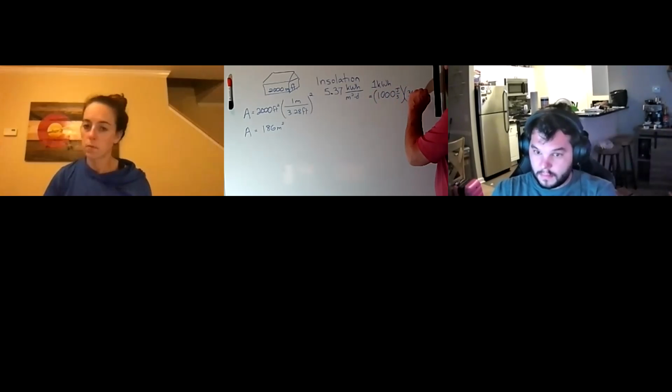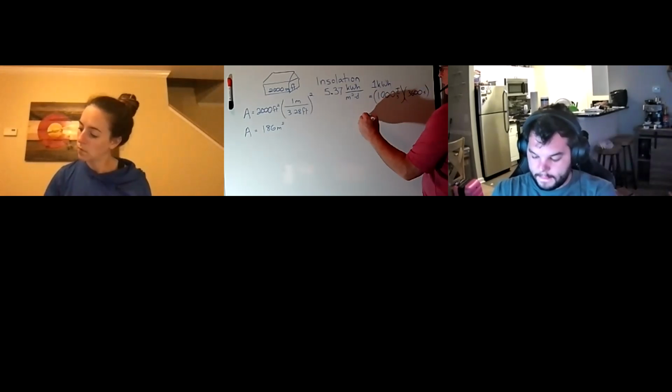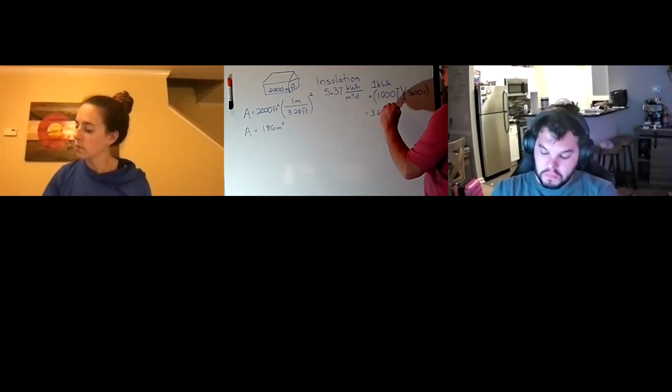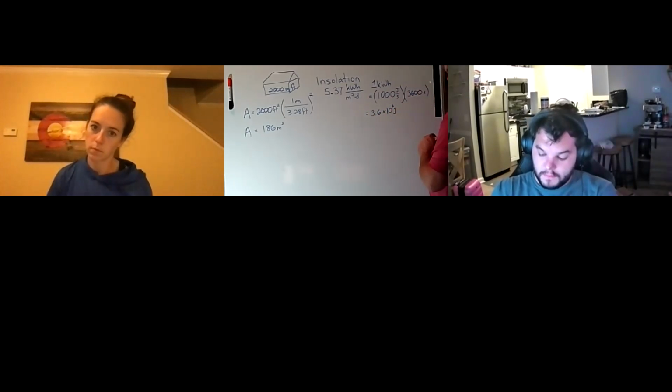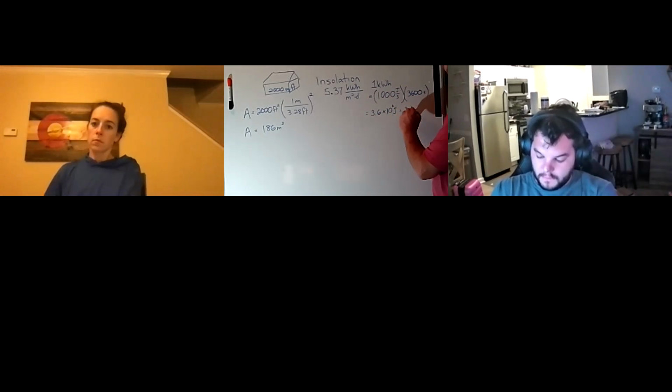And 1 hour is 3,600 seconds. So 1 kilowatt hour is actually equal to 3.6 million joules. Or we could also call it 3.6 megajoules.